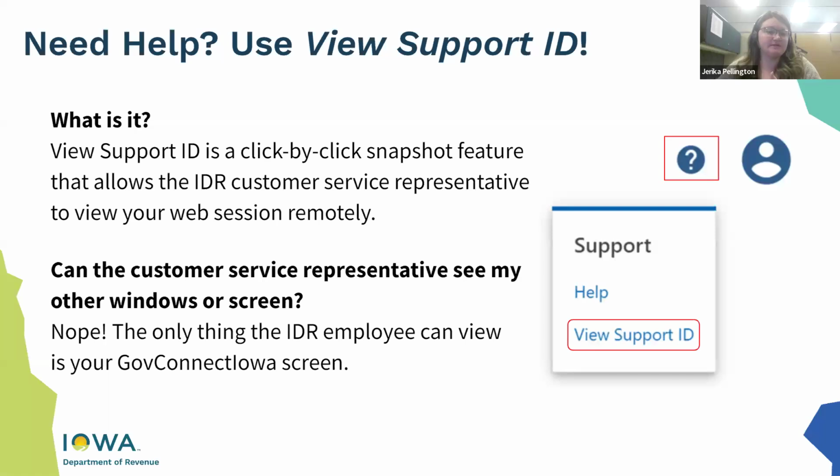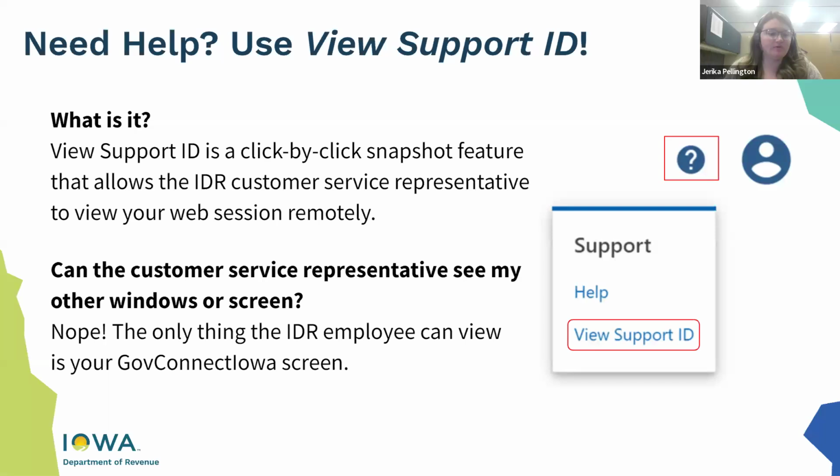So if you happen to receive one for, say, requesting access, say that we need to send you a physical access code letter, what will happen is you will receive a message in your GovConnect Iowa inbox, and then a letter with an access code would be mailed to the headquarters or primary mailing address. If this is regarding another request, maybe it is regarding a third-party authorization, you can give us a call, or you can send us an email and we'll be able to help you.